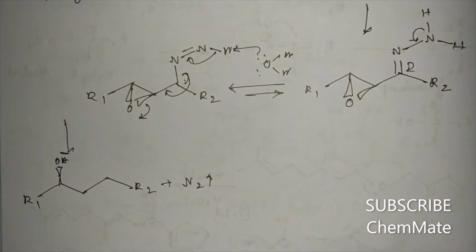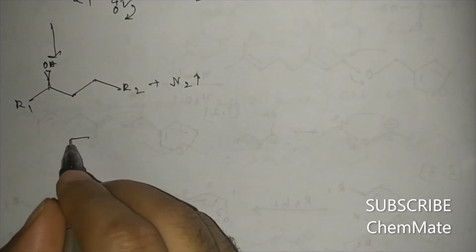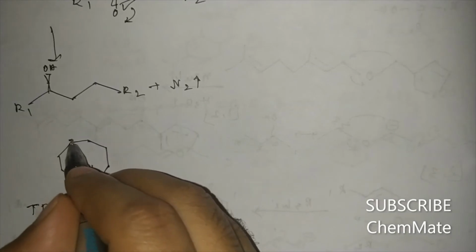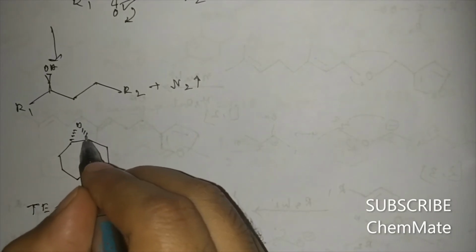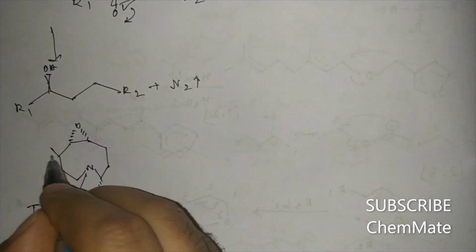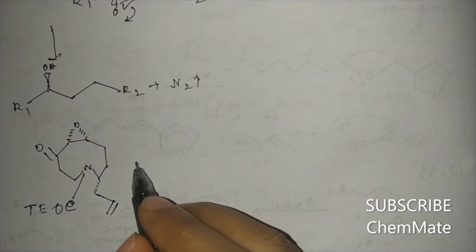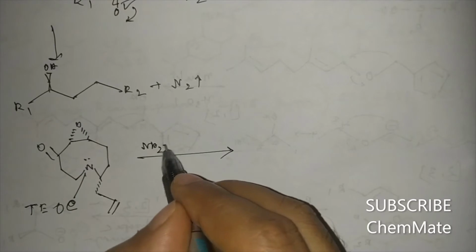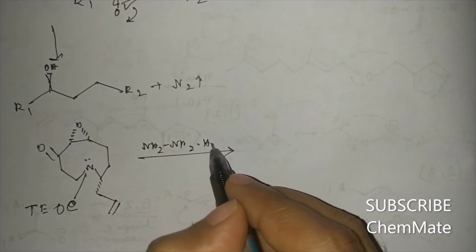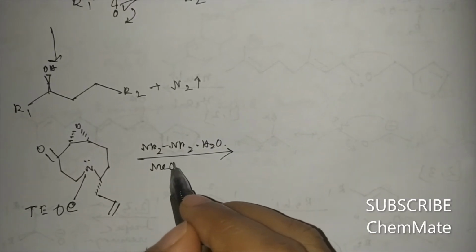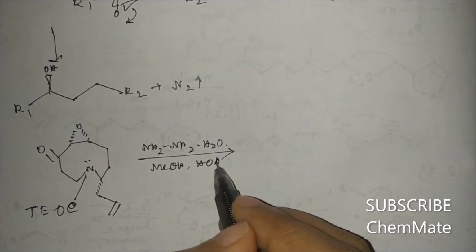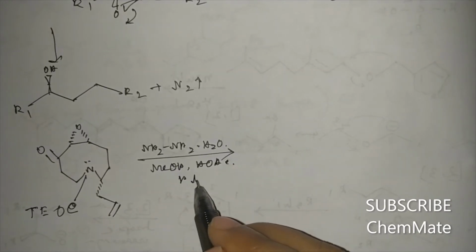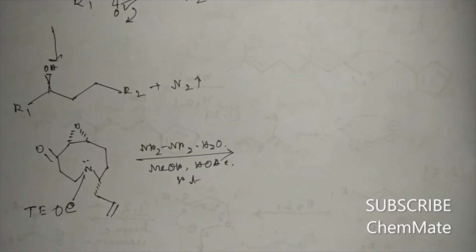Now we'll give some examples of this reaction. One example is here: the epoxide ring is below the plane. Here is a keto group. If it is treated with NH2NH2, H2O, MeOH, HOAc at room temperature, then what will be the product?